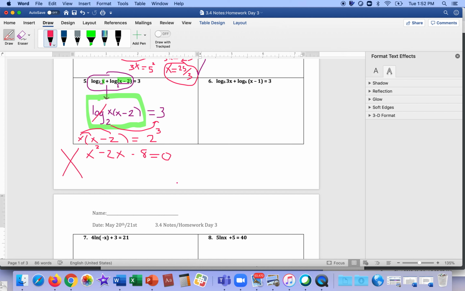Is there a combo that multiplies to negative 8 and adds to negative 2? 4 and 2. So it's a negative 4 and a positive 2. So we'll have x minus 4 times x plus 2.